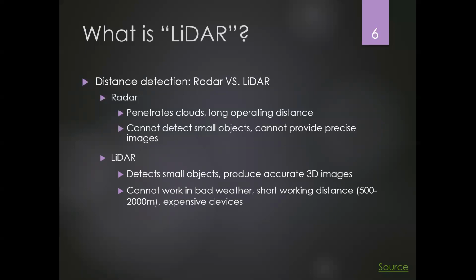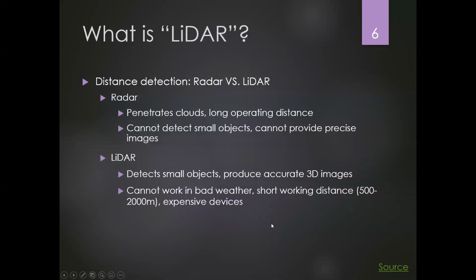It cannot penetrate clouds because it is using optical EMR. When you are looking into the sky and there is a cloud, can you see something blocked by the cloud? No, you can't, because our eyes use visible light. It's the same for a LiDAR system. Although some LiDAR systems use near infrared, a lot of them just use visible light. So if your eyes cannot see something, then LiDAR cannot see that thing.